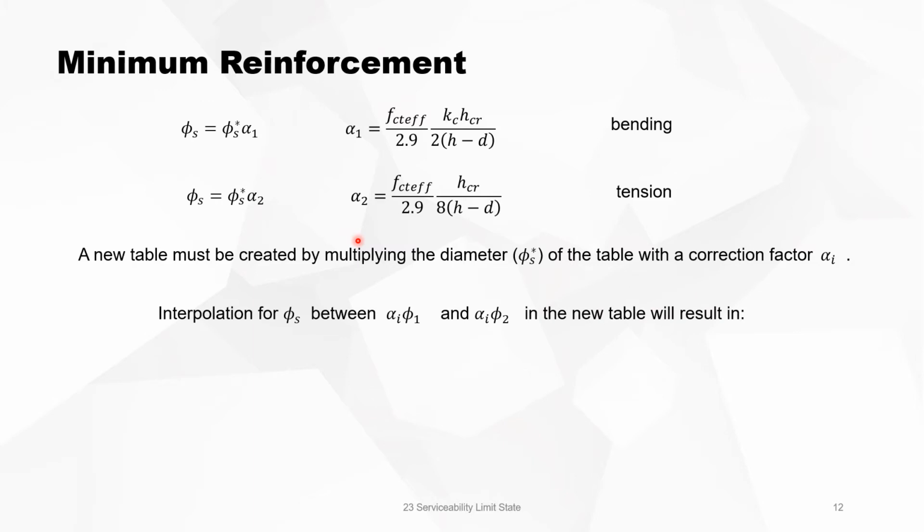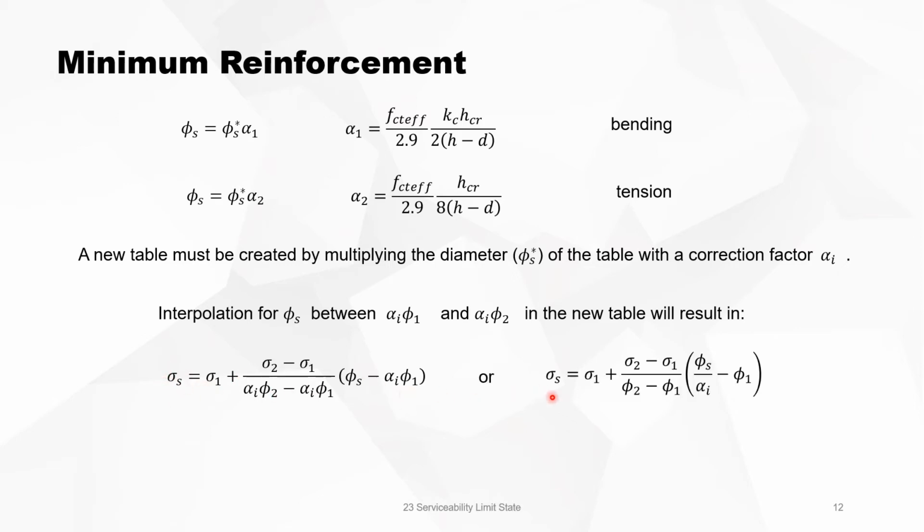Now, let's assume that we have done that and we have multiplied the diameters in the table with this factor, and now we are going to make an interpolation for the diameter that we use in the reinforcement, and we have to look up what is the maximum allowable steel stress. So we'll make an interpolation in the new table. That means the new table with the alpha phi. Alpha phi, this is the first stress, the second stress, and this is the calculated stress.